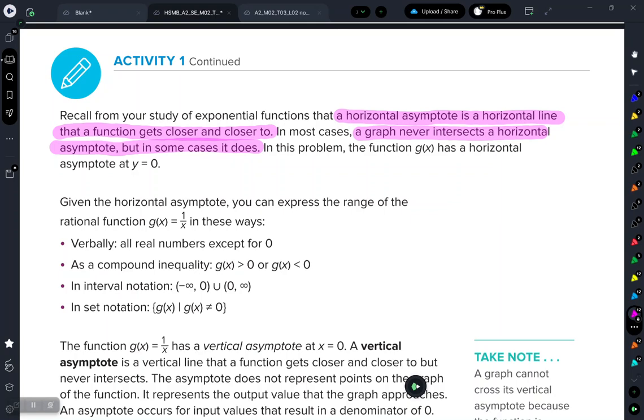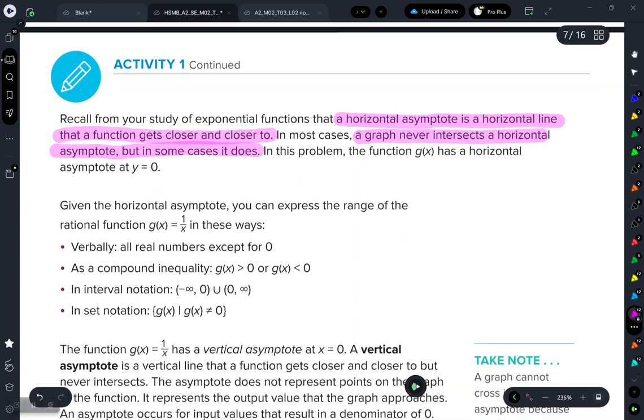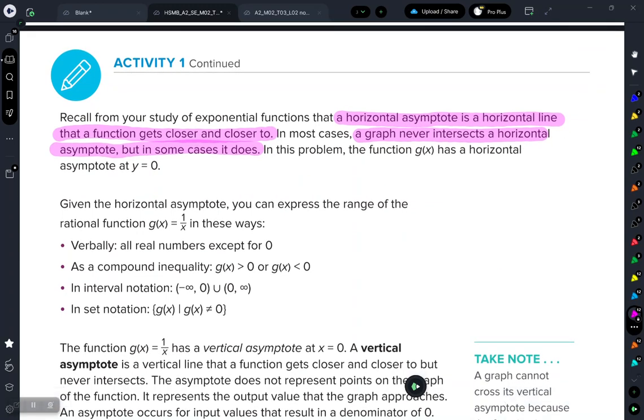In this problem, the function g of x has a horizontal asymptote at y equals 0, and it didn't cross it, right? Given the horizontal asymptote, you can express the range of the function. So we talked about how to write the range in all these different ways. The horizontal asymptote in this case affected the range.